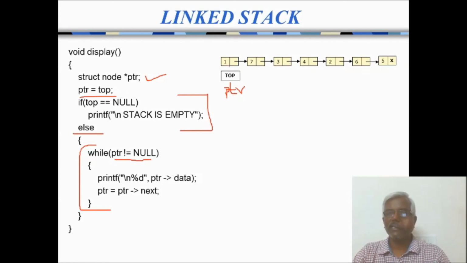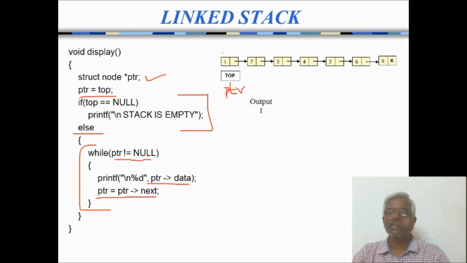Now the pointer is pointing to the value. This is the pointer. Each time we move this pointer from one place to another, traversing the entire list until the pointer becomes null. Initially the pointer is not equal to null, so the pointer of data will be displayed. What is pointer of data now? 1. So 1 will be displayed.